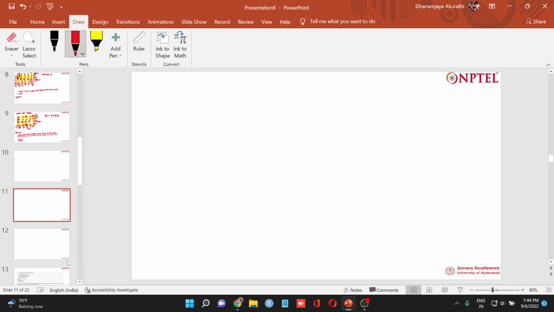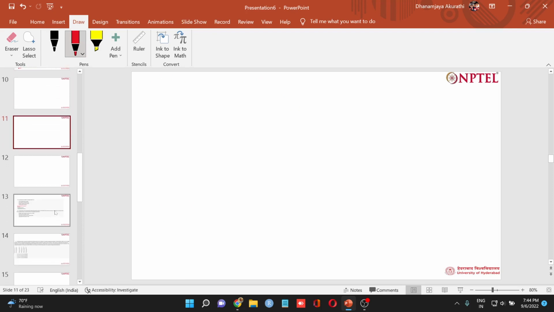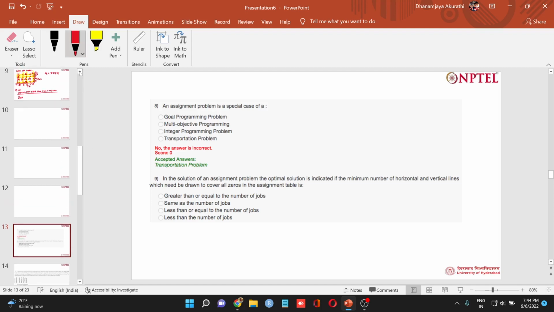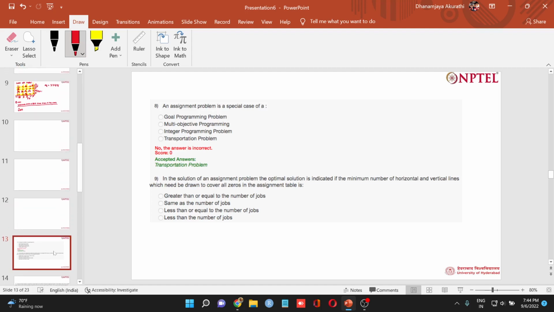Ma'am, we have arbitrarily broken the tie of the two. Yes. If I allot some other 2, ma'am, the answer will change? No. Finally, the initial basic feasible solution will not change. That's why you can choose randomly. Why?